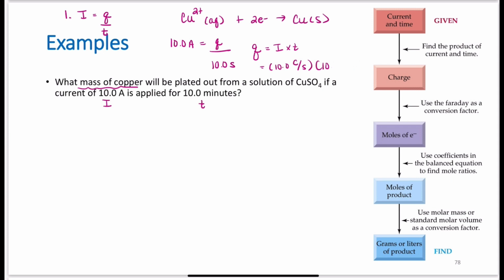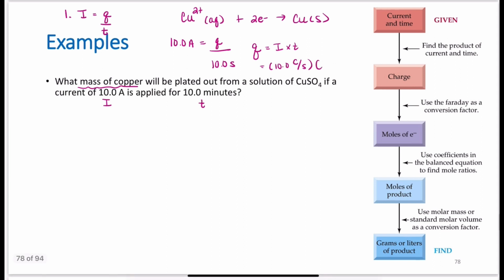That is not 10.0 seconds. That is 10.0 minutes. I need to put that into seconds. So 600. seconds. I'm going to put a decimal place right there to emphasize that I still have 3 sig figs. 600. seconds gives me 6,000 coulombs. So I know that in 10 minutes, 6,000 coulombs of charge has passed.